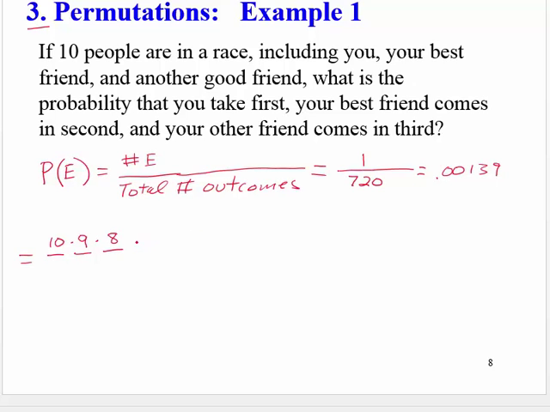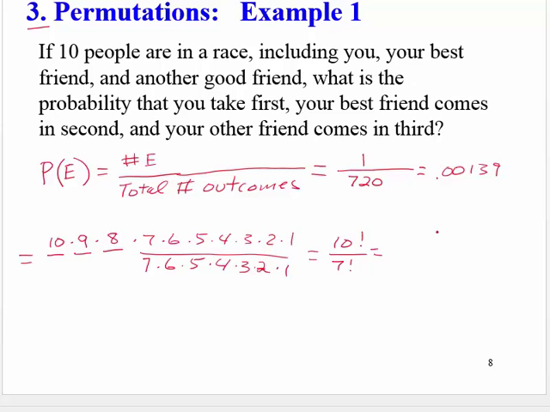That's also equal to 10 times 9 times 8 times 7 times 6 times 5 times 4 times 3 times 2 times 1 divided by 7 times 6 times 5 times 4 times 3 times 2 times 1, because all those cancel. So that can be written as 10 factorial over 7 factorial.